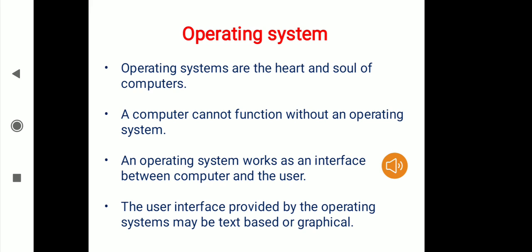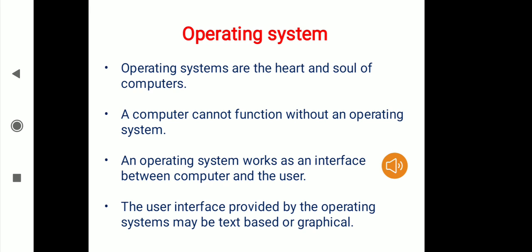For a user to give instructions to the computer to execute a particular task, he needs a particular interface, and that interface, which exists between the user and the computer, is known as the operating system. So, an operating system works as an interface between the computer and the user.